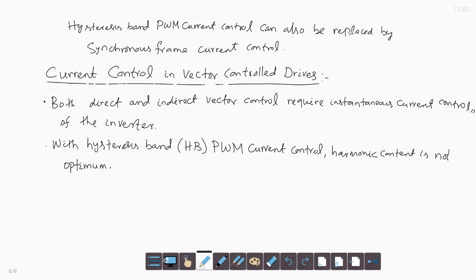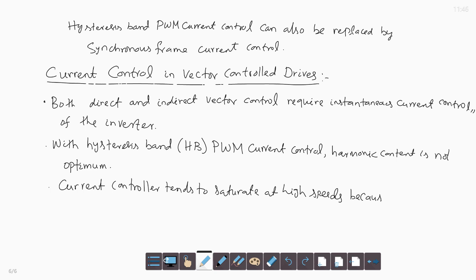Then another demerit is at high speeds current controller tend to saturate, because of higher back EMF or counter EMF.